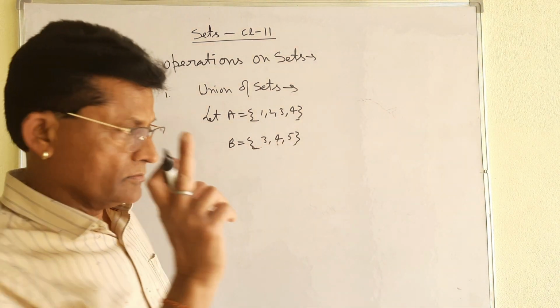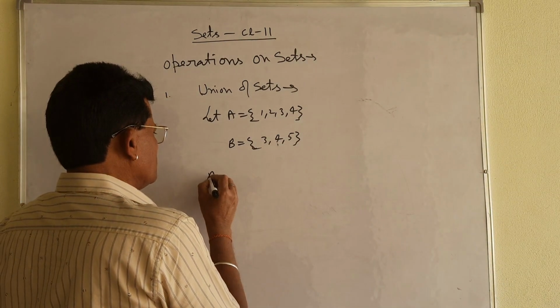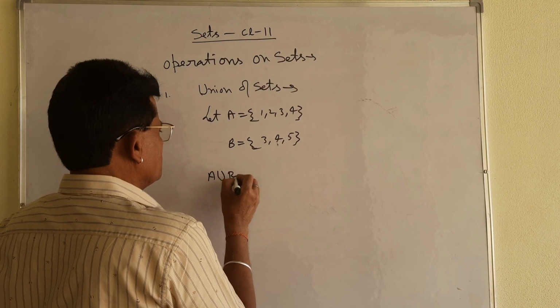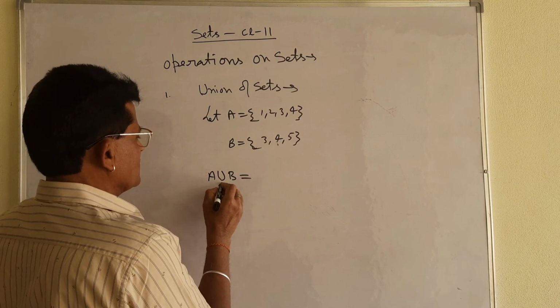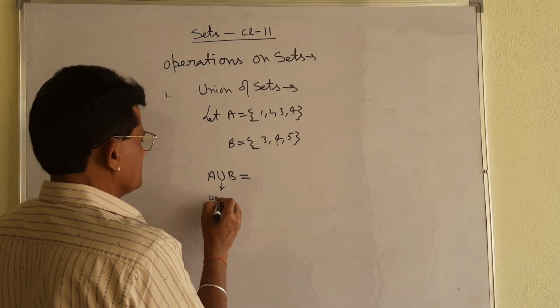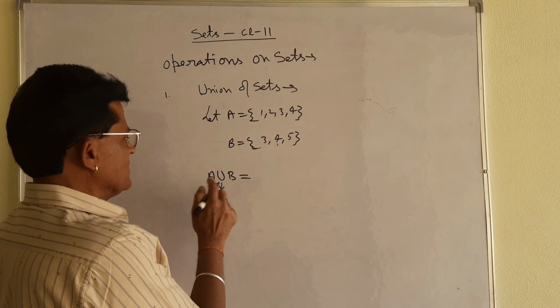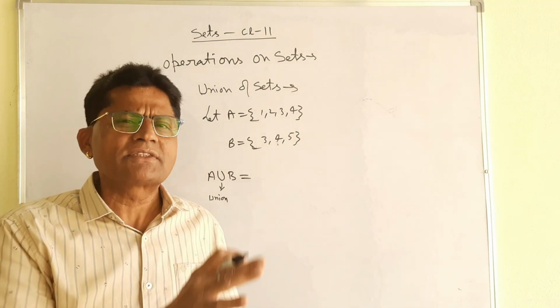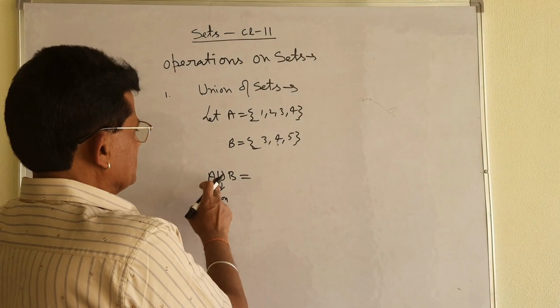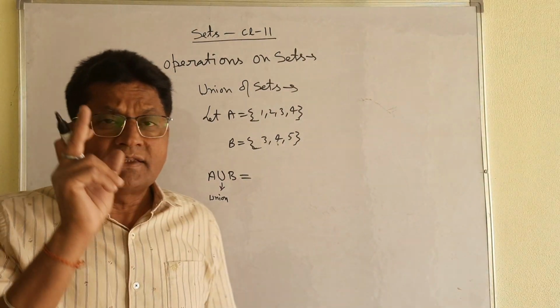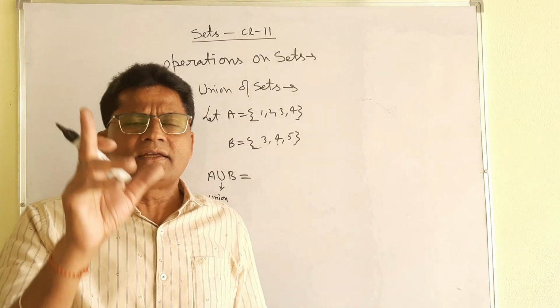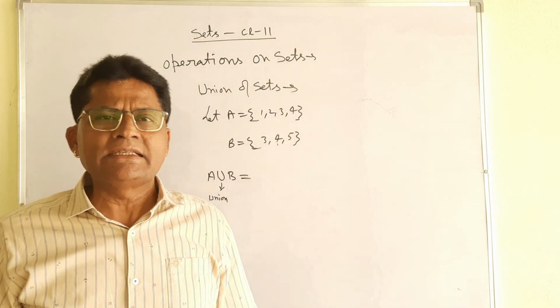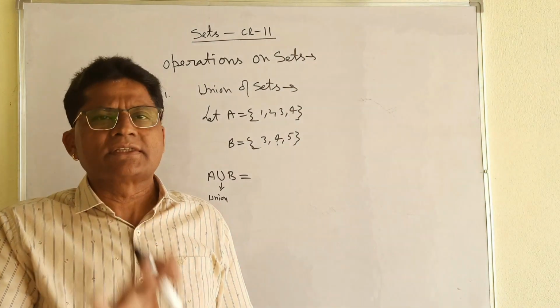Okay, let me take the union of the sets, A union B. This is the symbol of union. You must keep it in mind. जैसे U बनाते हो ना, U वही सिंबल समझ लीजिए, लगभग उसी तरह का याद भी रहे. A union B. In a set, I told you always, each and every element you will write only once.